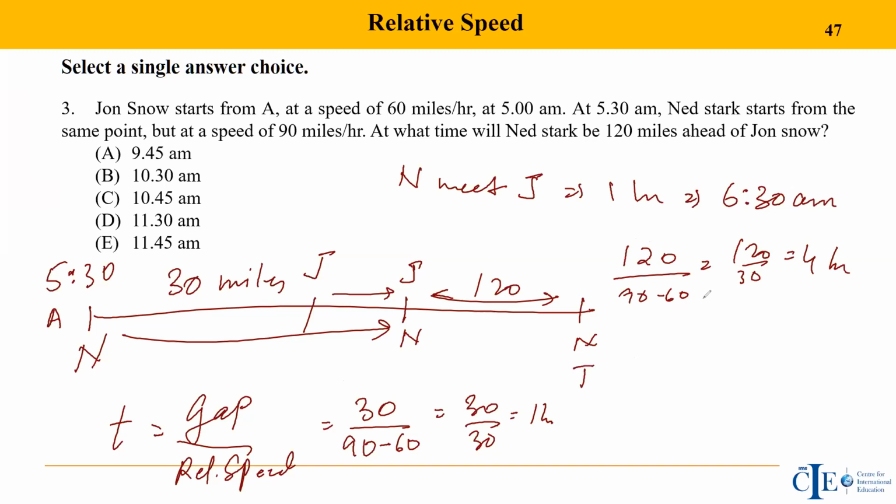So the time when he will be 120 miles ahead is 6:30 plus another 4 hours, which is going to be 10:30 a.m.